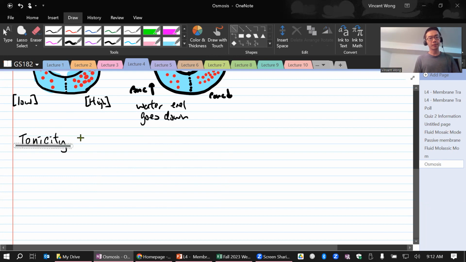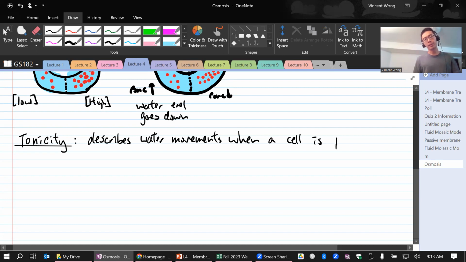It basically describes water movement when a cell is placed in a different environment.